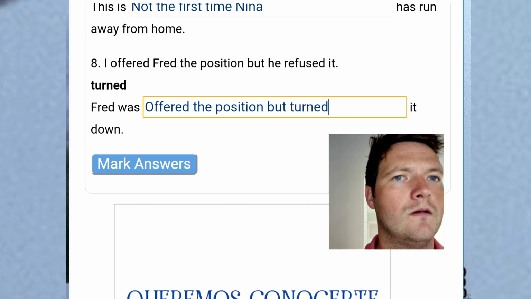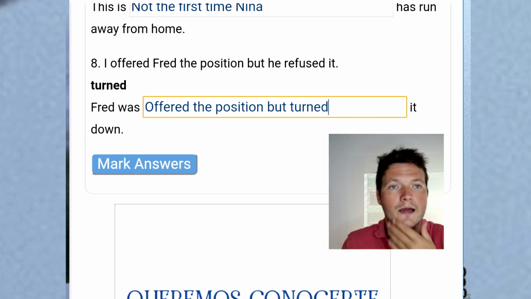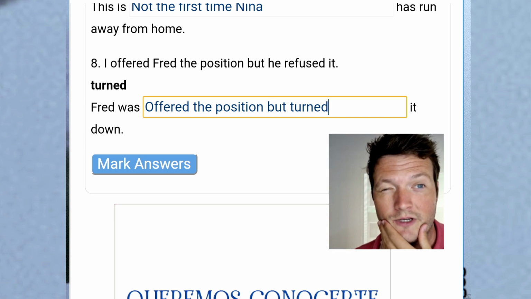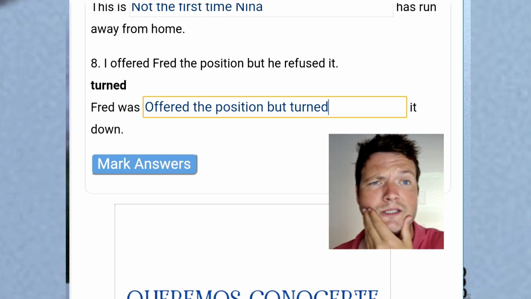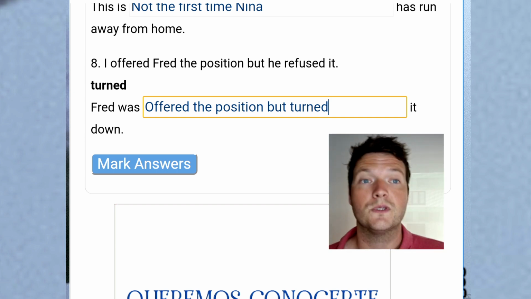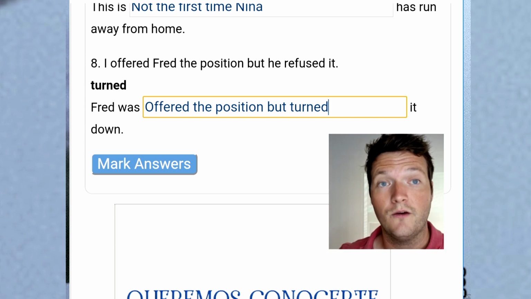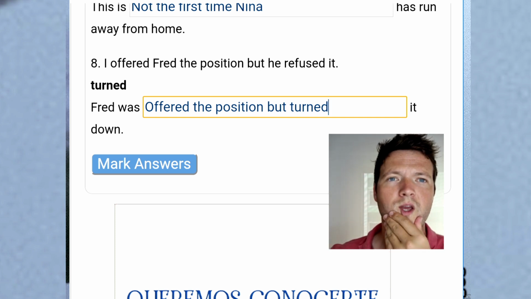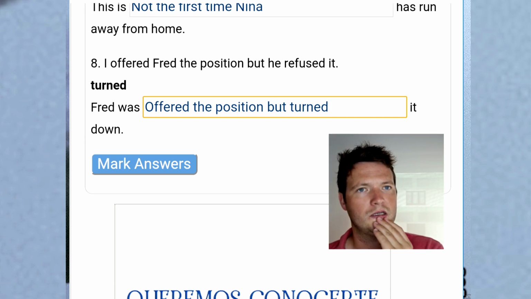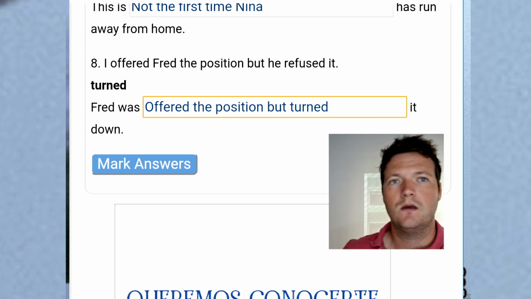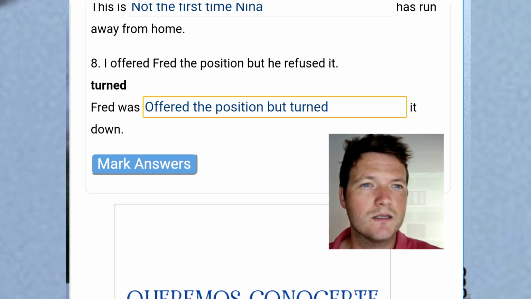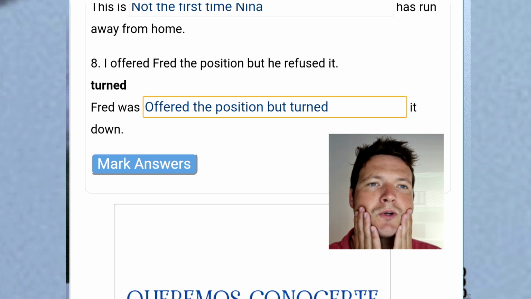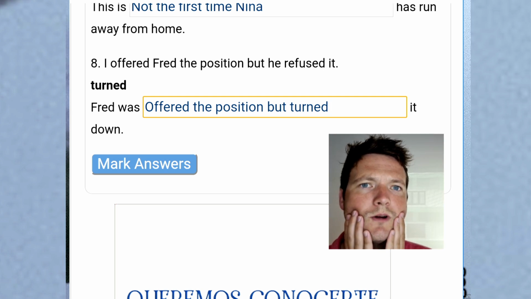And I think you could say, but he turned it down, but it's not strictly necessary to put the he in there, I don't think, because we have the same subject now for both verbs. Fred was offered, even though it's passive, he is the subject of that verb. Fred was offered the position, but he turned it down. I think they're all correct. Probably there's going to be more than one correct answer, so I've got to check them carefully.